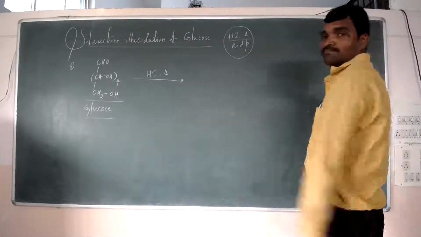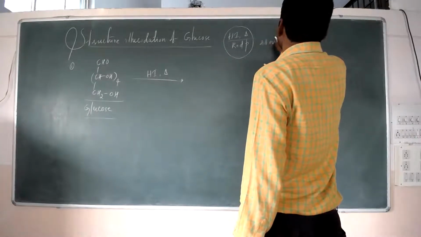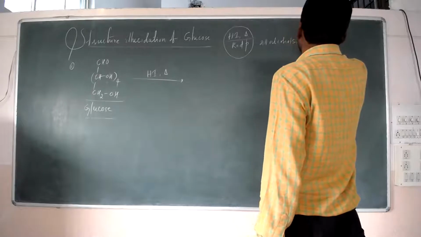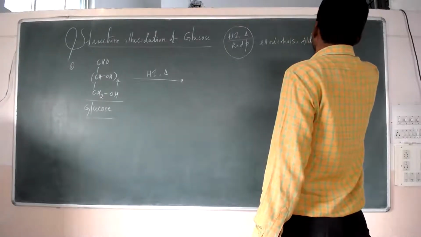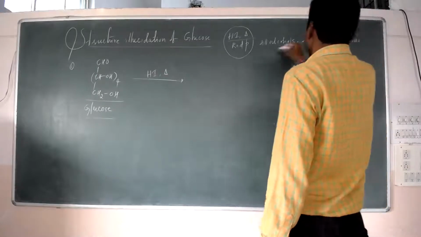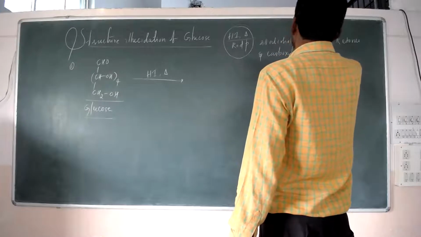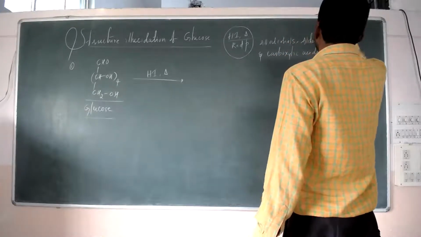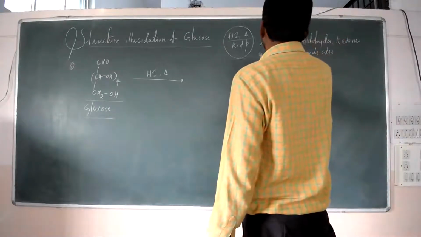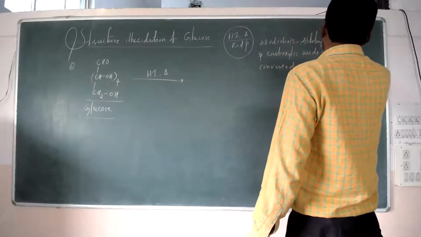What does it do? All alcohols, aldehydes, ketones, and even carboxylic acids are converted into alkanes.